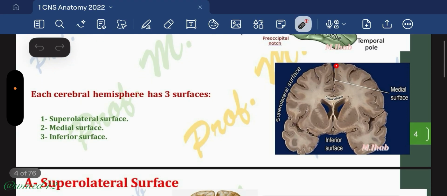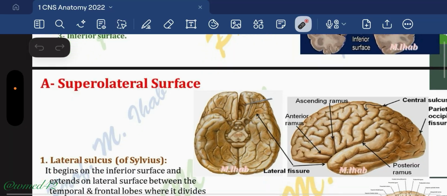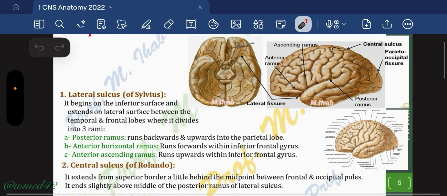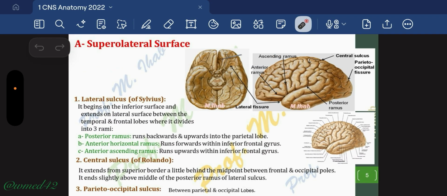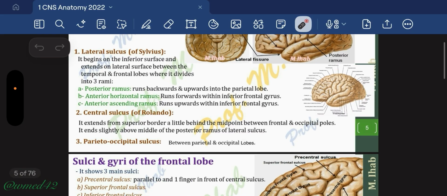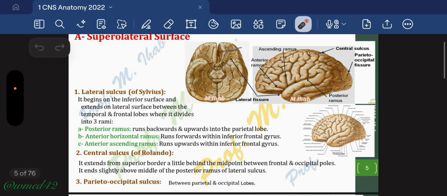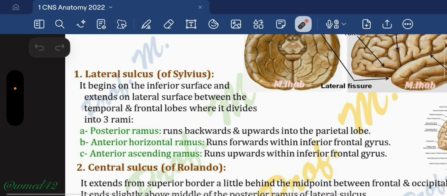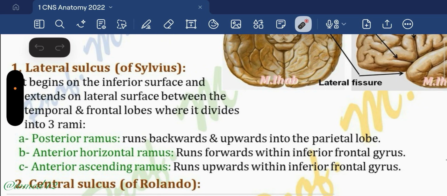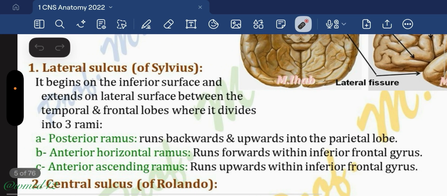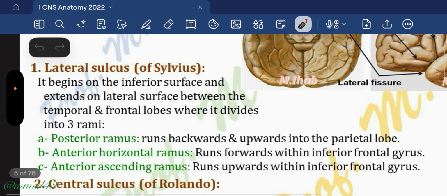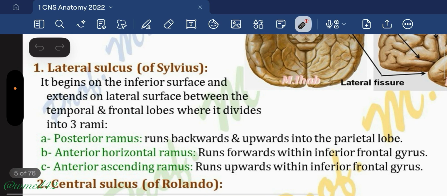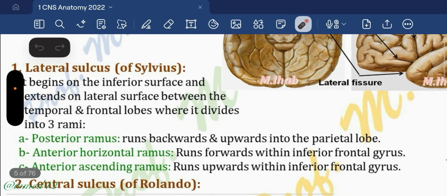Each cerebral hemisphere has 3 surfaces: the superior lateral surface, the medial surface, and the inferior surface. The superior lateral surface has the lateral sulcus, central sulcus, and parieto-occipital sulcus. The lateral sulcus of Sylvius begins on the inferior surface and extends on the lateral surface between the temporal and frontal lobes, where it divides into 3 rami.